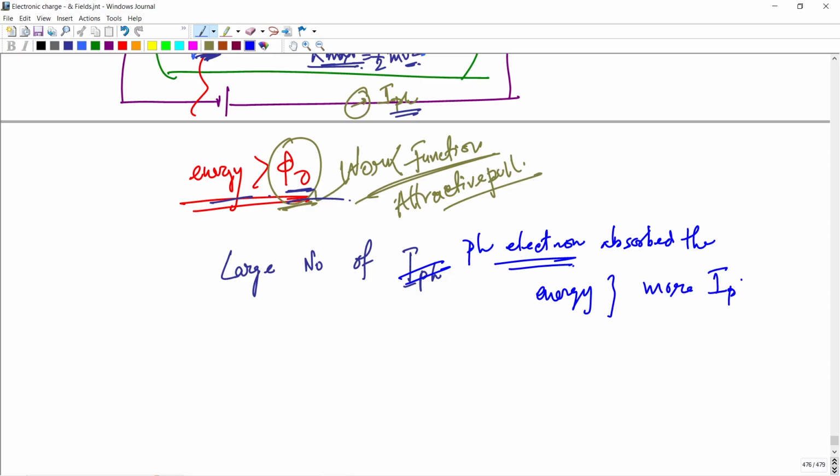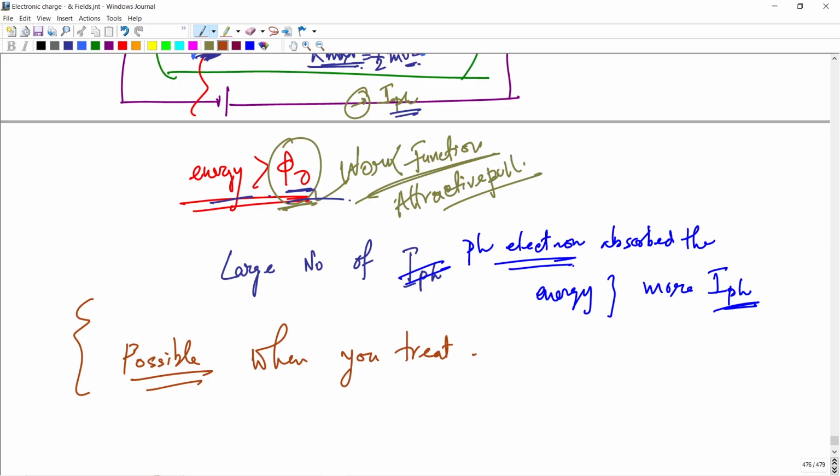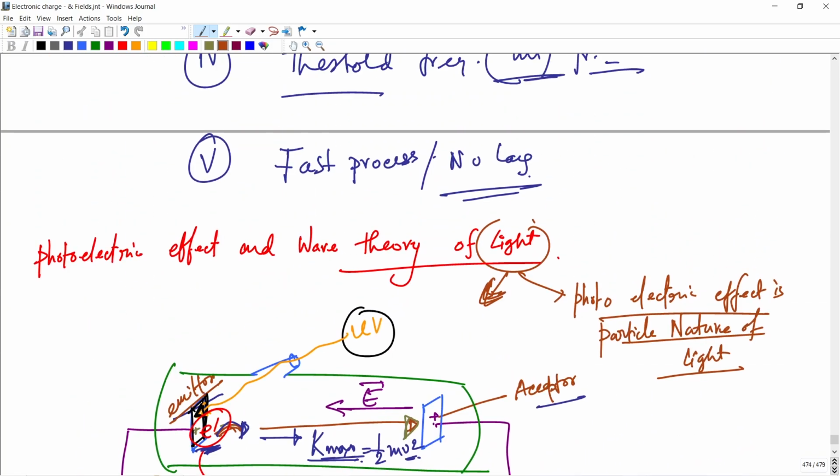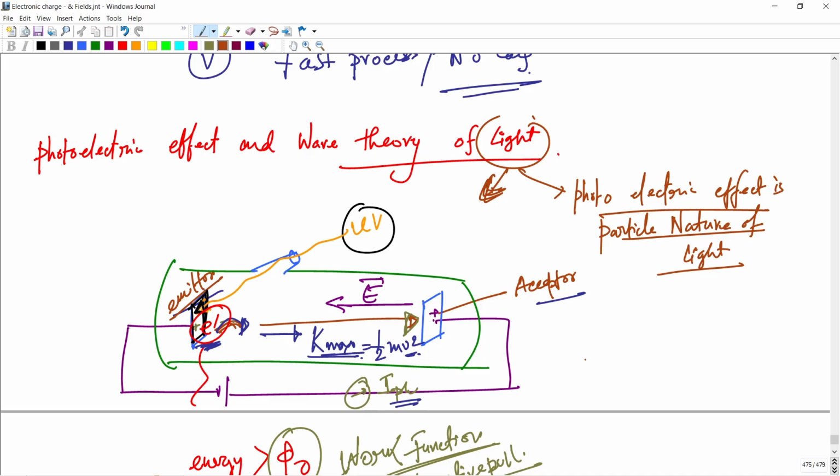This is all possible only when the electron is treated as a particle, not a wave. That is why at the start of class we discussed that light has a dual nature, wave nature and particle nature.